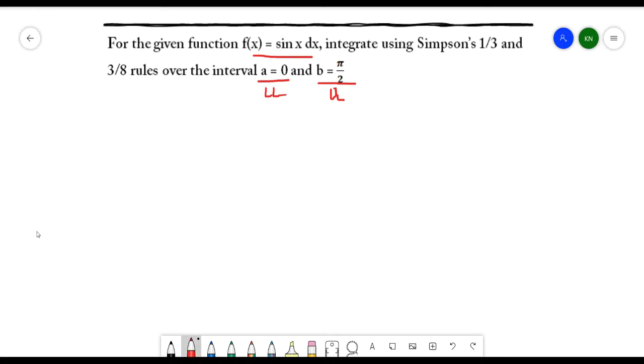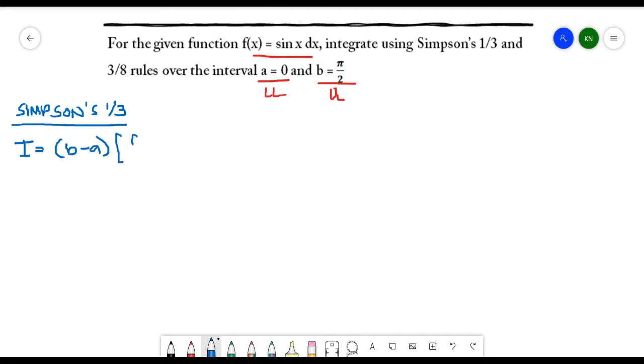Again, this is for Simpson's 1/3 rule. For the 1/3 rule, we have I equal to b minus a multiplied by f of x sub 0 plus 4 times f of x sub 1 plus f of x sub 2, and that is divided by 6.